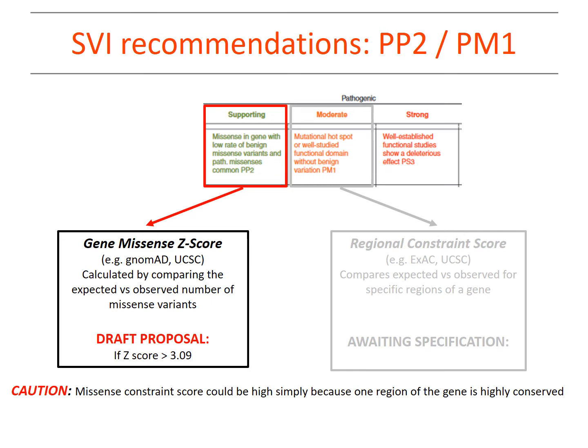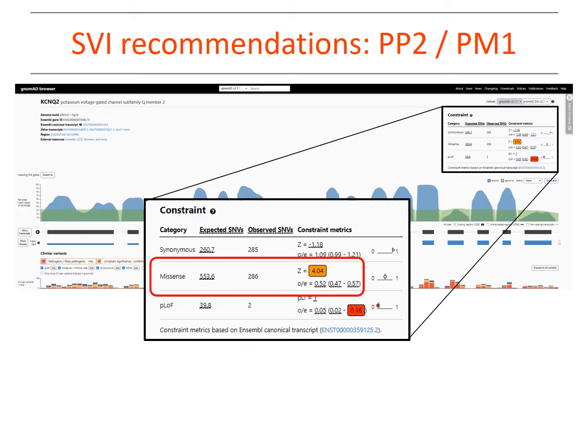Okay, so where do you get this metric? This is a screenshot from the gnomAD browser. I put in the gene, the KCNQ2 gene, and if you type it in, you will see this constraint metrics. Here it is enlarged, and what you can see is the missense constraint.